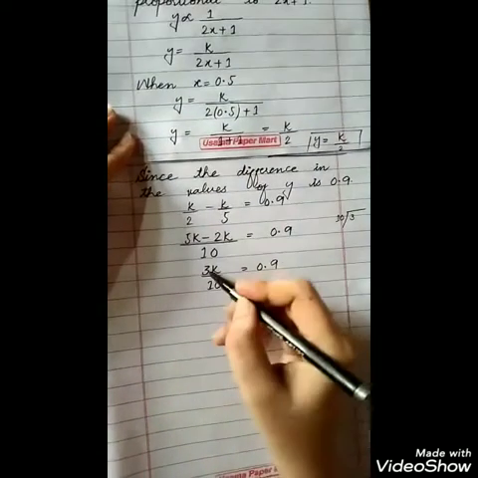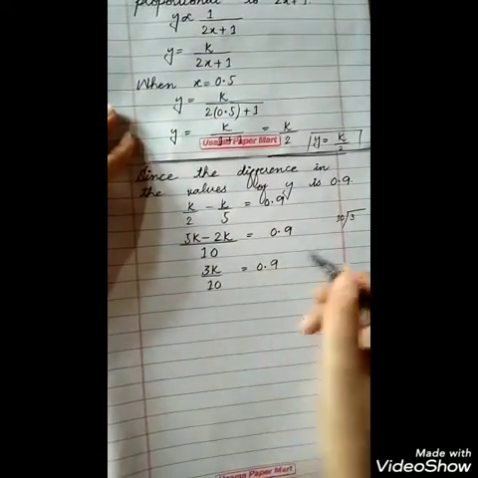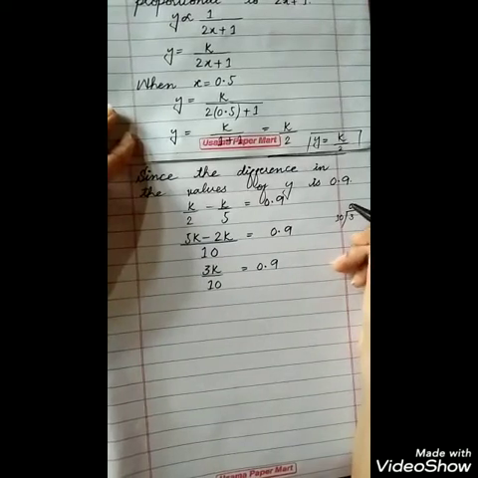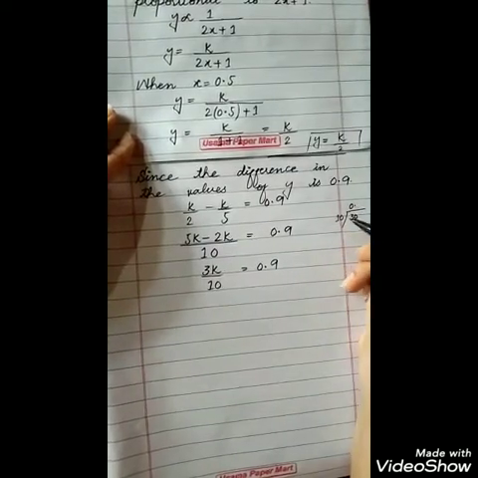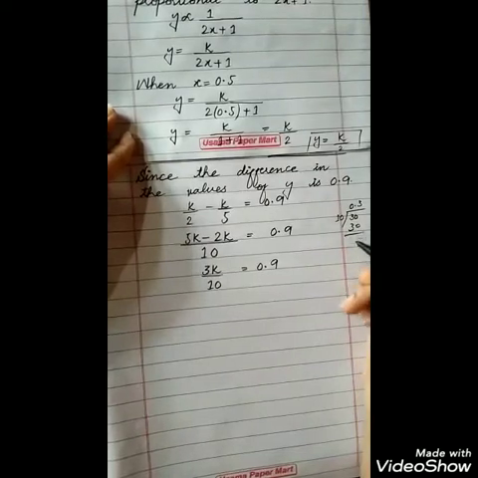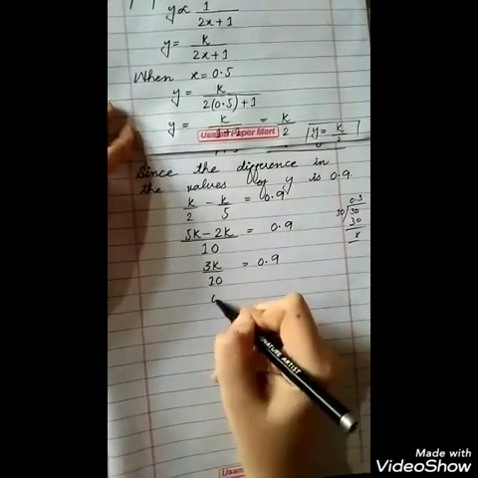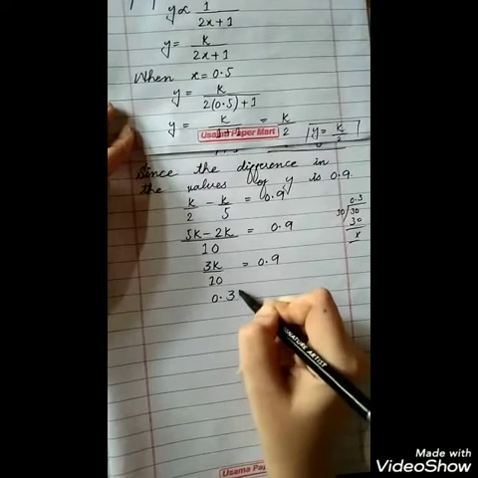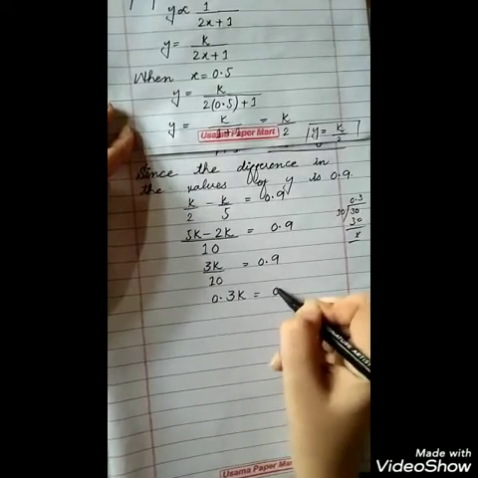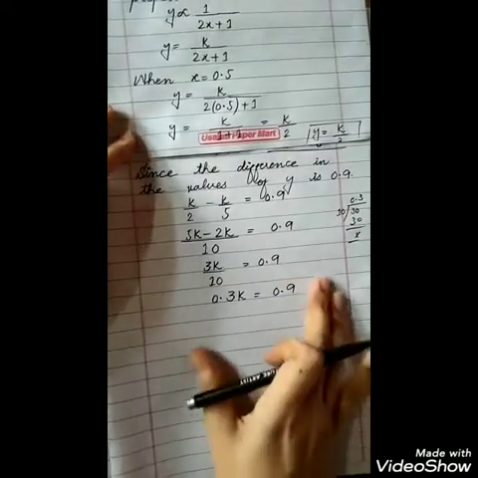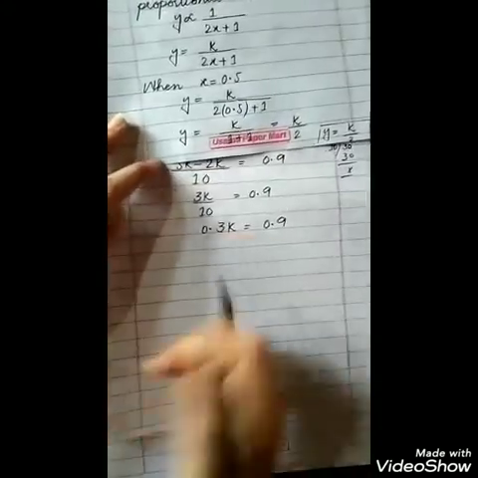So we will divide 3 by 10, which means we got 0.3k is equal to 0.9.